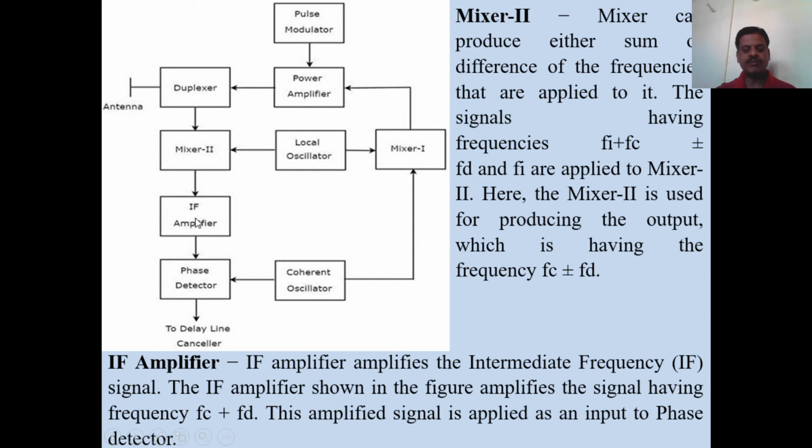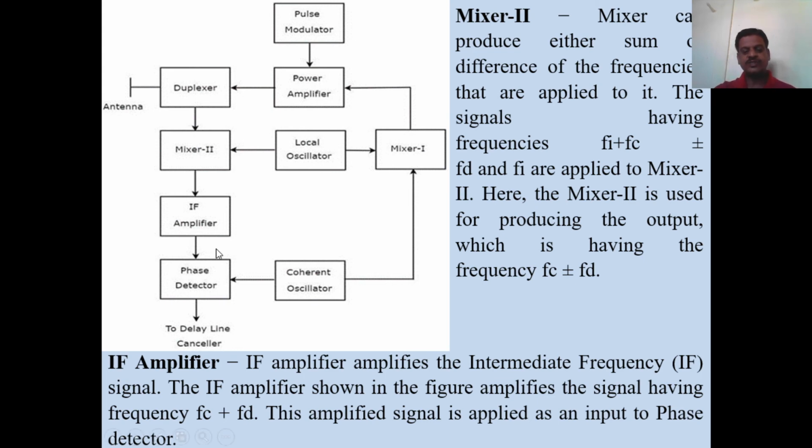Fc plus or minus Fd is nothing but the difference of the two frequencies, known as the intermediate frequency, and this intermediate frequency is amplified by the IF amplifier. This amplified signal, having the frequency Fc plus Fd, is applied to the phase detector.